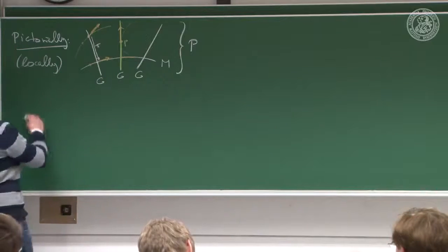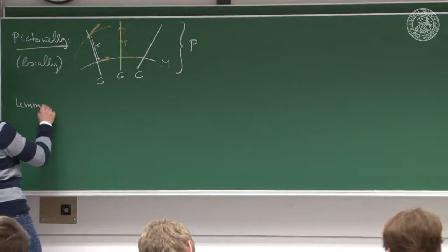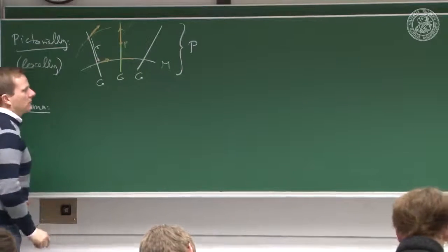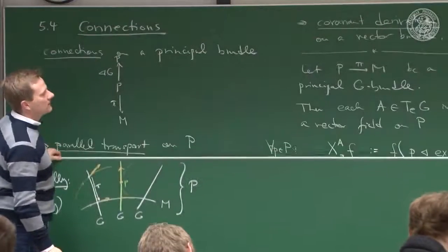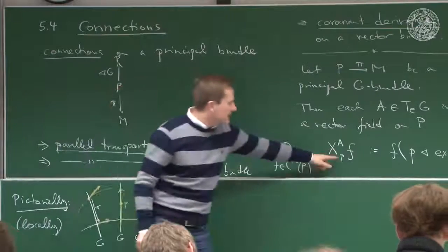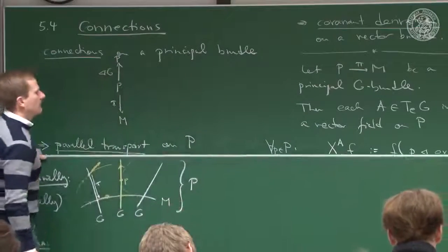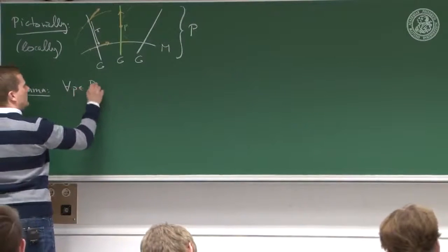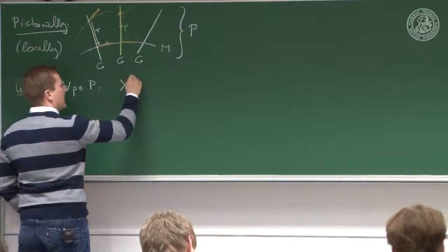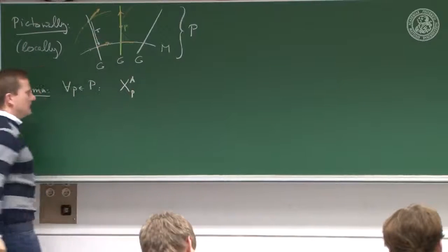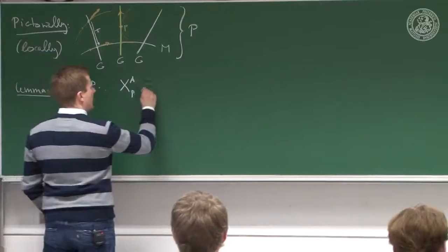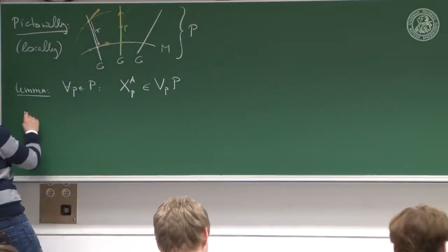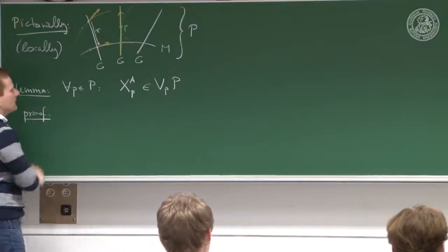Okay, so we have a little lemma, and that says that what we constructed before here, this vector field X^A, so for every P in the principal bundle, the X^A_P we just defined lies in the vertical subspace at P. Well, the proof is absolutely immediate.